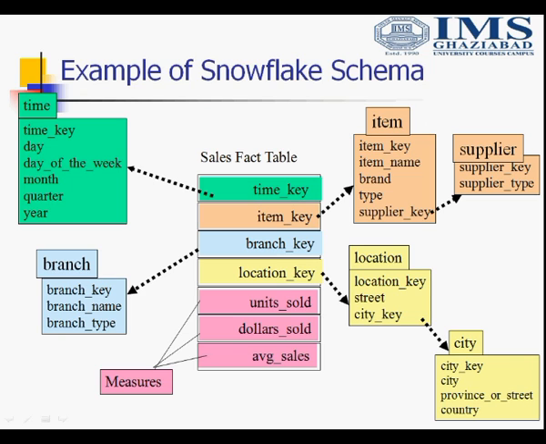Similarly, the item dimension table is again normalized with the supplier key, where the supplier key is attached to a different dimension table which stores the supplier key and supplier type. So we can say that here the item dimension table as well as the location dimension table are further normalized into different dimension tables named supplier and city, and this looks like a snowflake. That's why it is known as the snowflake schema.